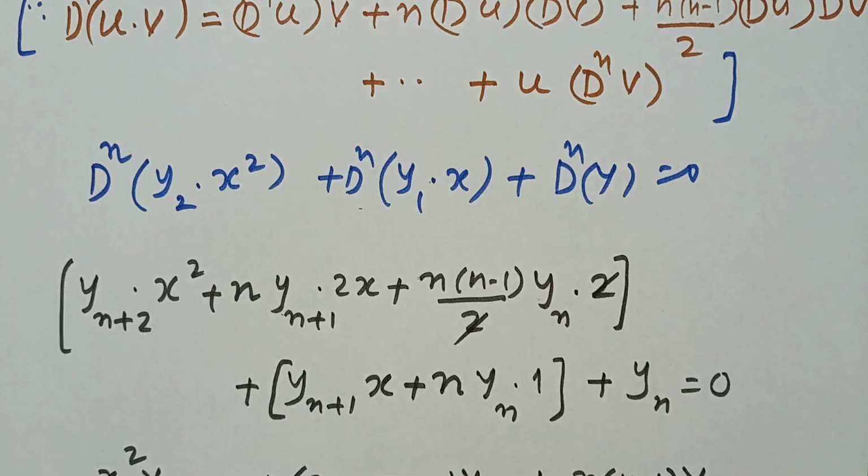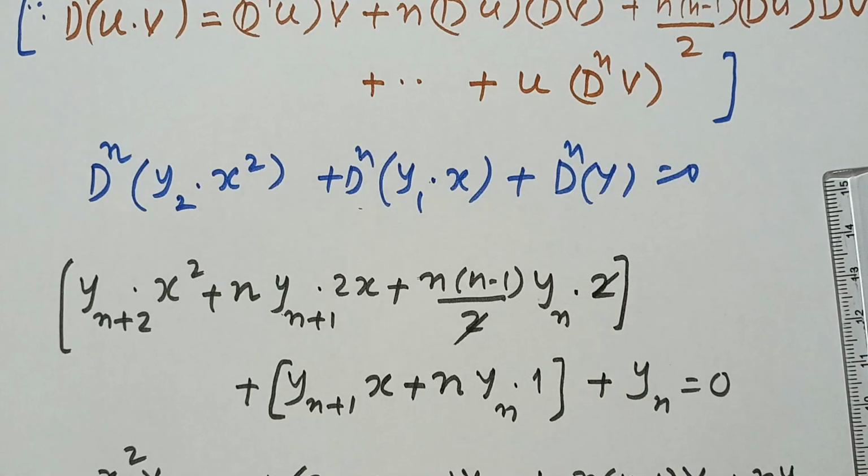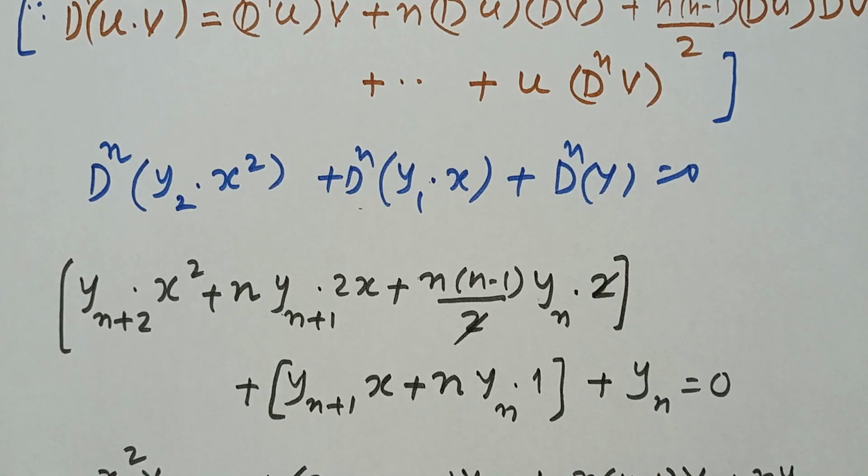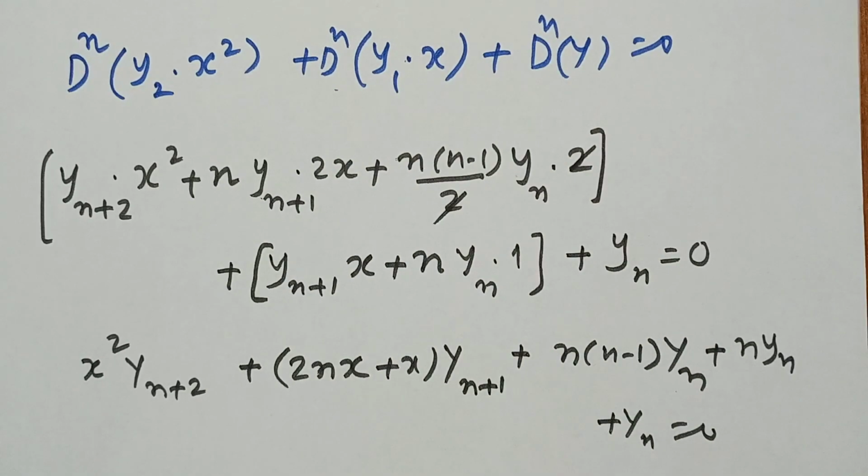Here this and this is yn, plus yn, and the last term plus yn, is equal to 0.